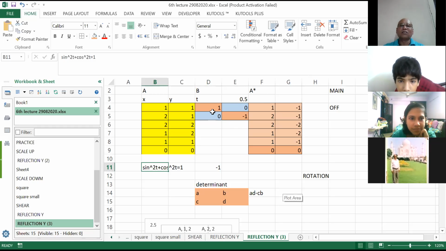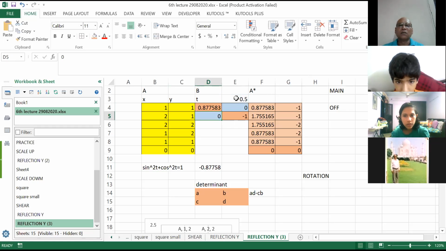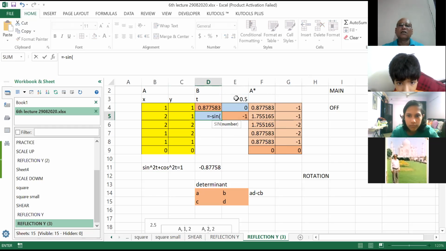So what we will be doing here, I will be putting cos t, and this is my t. 0.5 is common to all. 0.5 radian will be rotating. So the formula will be minus sin t.